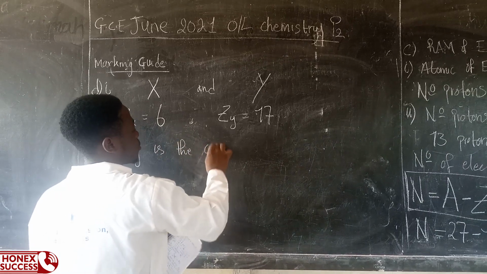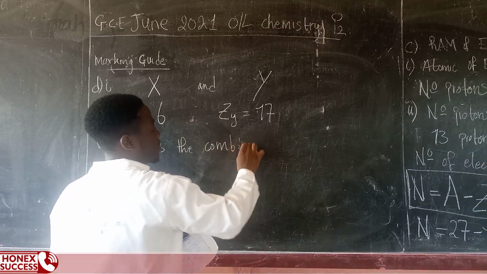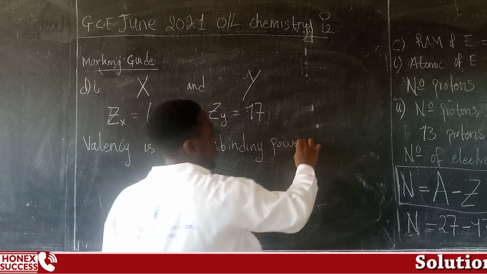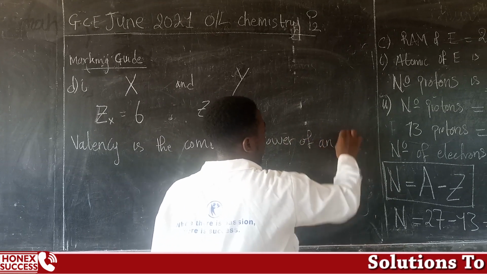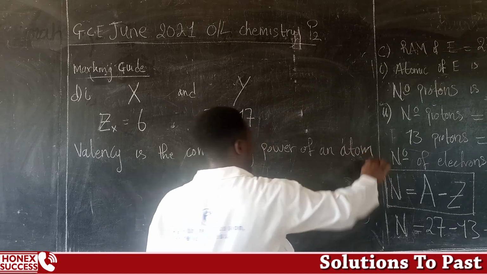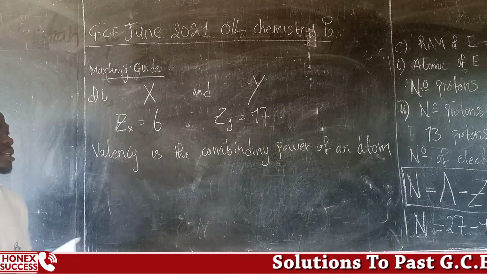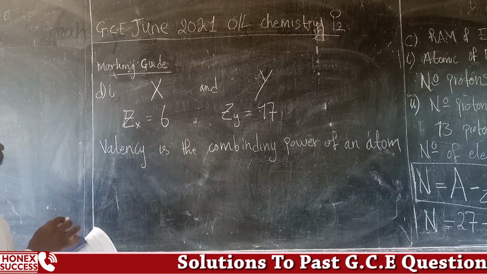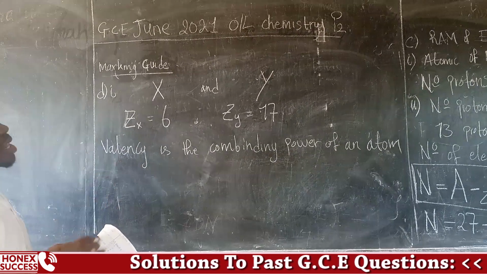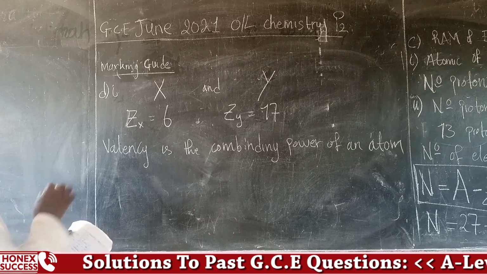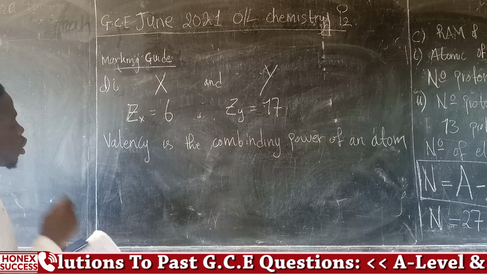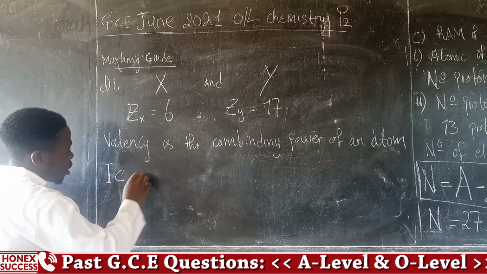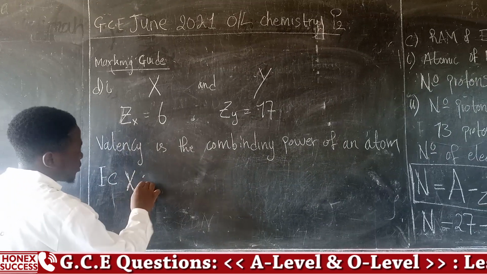A valency is simply the combining power of an atom. So we first of all have to start by looking for the valency of X, and the valency of Y. That cannot be gotten without their electronic configurations.